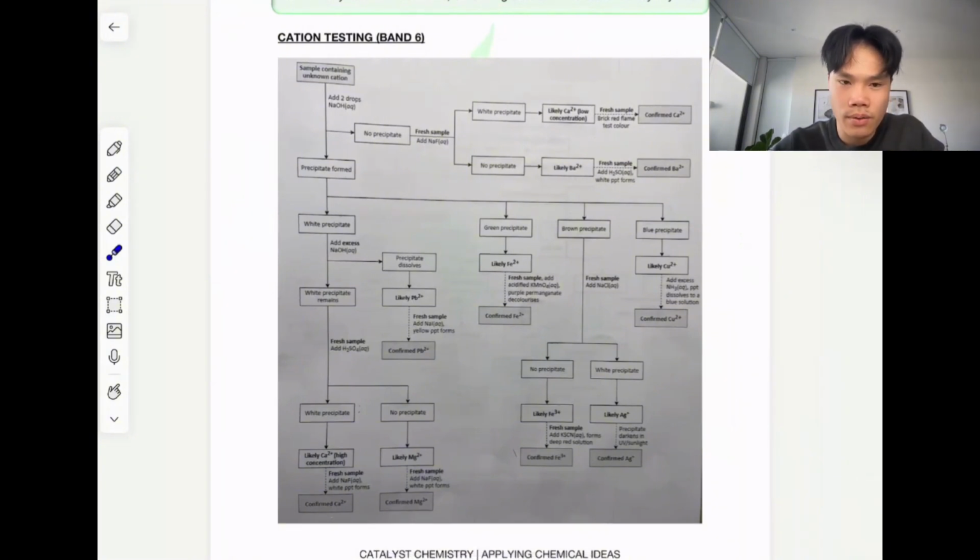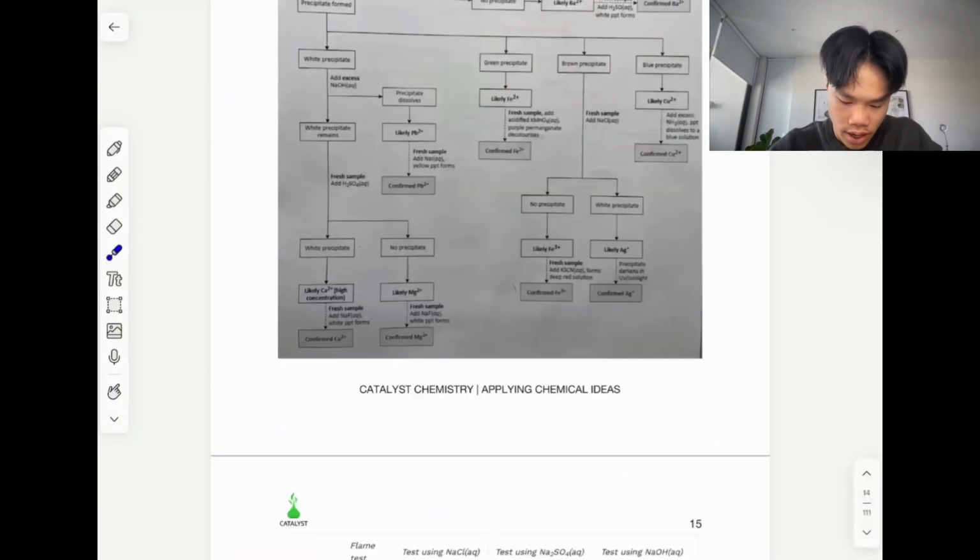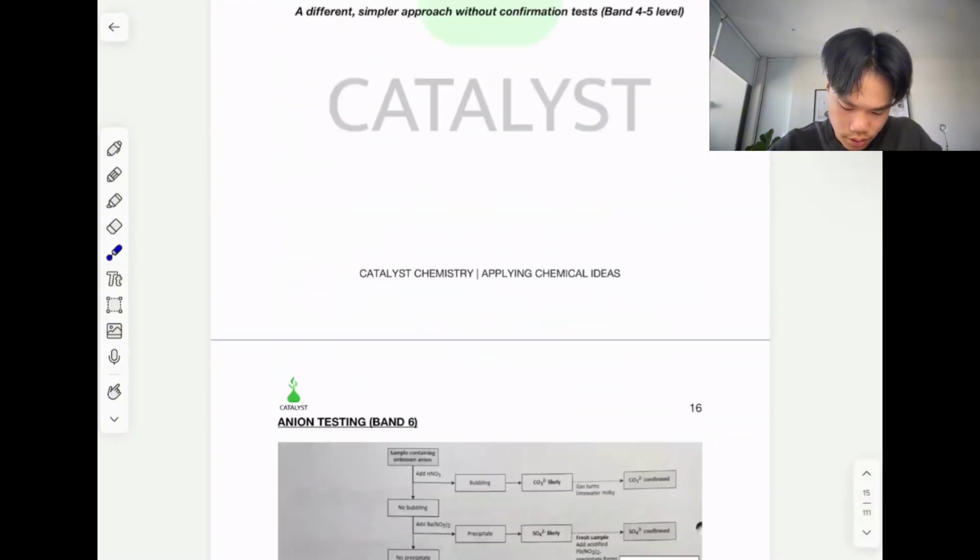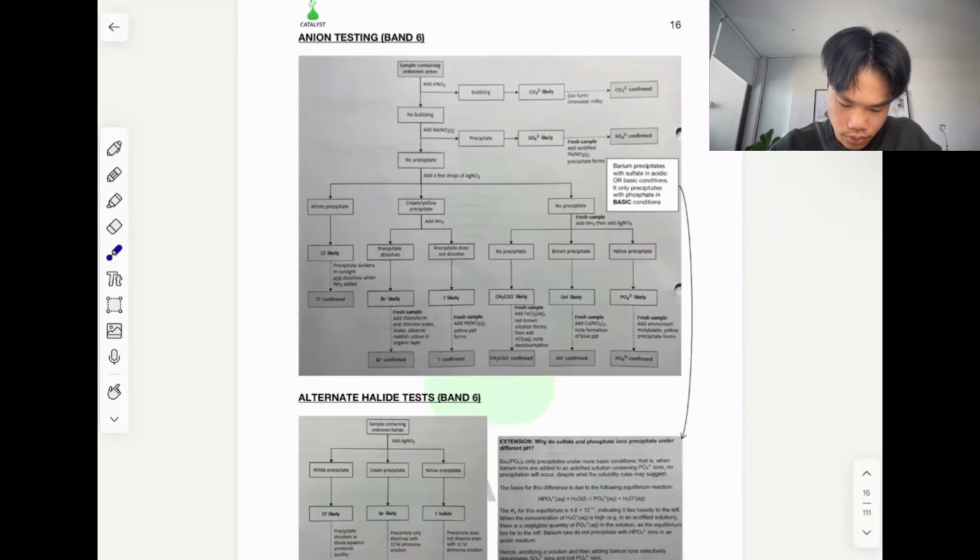They separate everything, and there's also a confirmation test at the end. So if you're going for high Band 6 and you really want every base covered, you memorize this. The other options, the Chem in Focus one is actually quite good too. It provides a different, simpler way, but it doesn't have confirmation tests. And for anions, there's one below here as well.